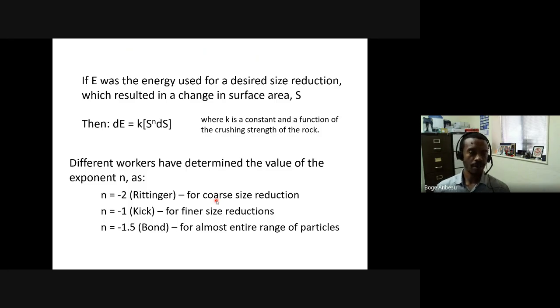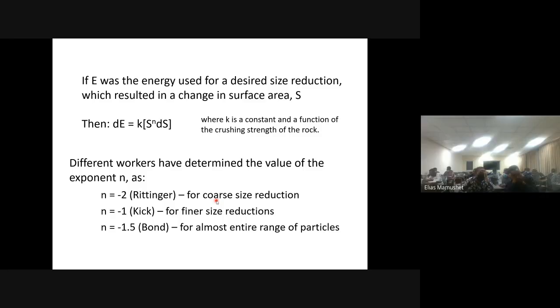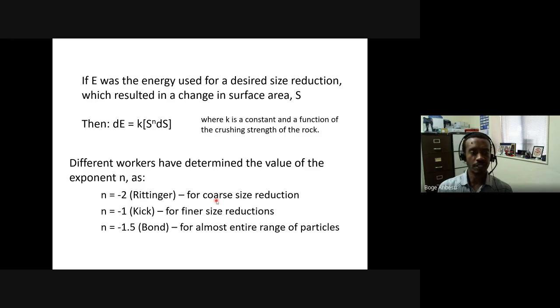So in this case, roughly, you can have an empirical formula that relates energy to surface area. Okay, so if you consume a given amount of energy E, that can be related to the surface area created, S. Obviously, it's not just the energy and the surface area.